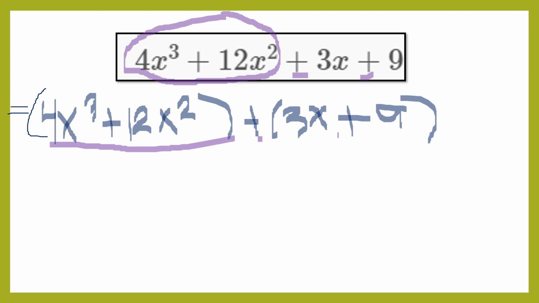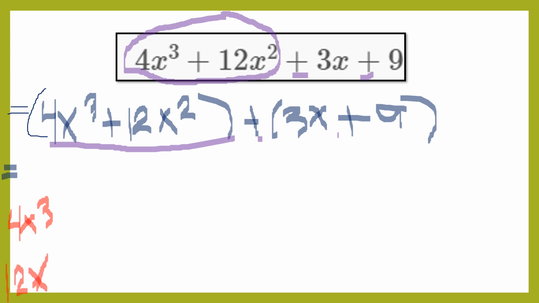Next, step 2. Let's work the first binomial. The first term is 4x cubed, and the second term is 12x squared.